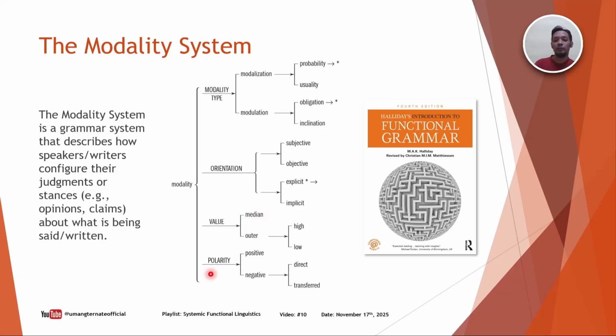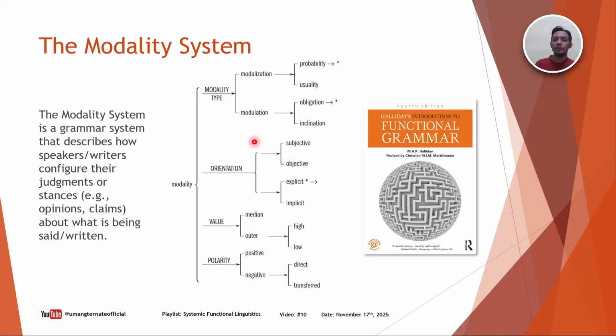Okay, and then polarity, positive and negative. But the polarity here does not refer to the polarity of the clause, but the polarity of modality. Okay, and in this video we will look at these systems one by one, right?